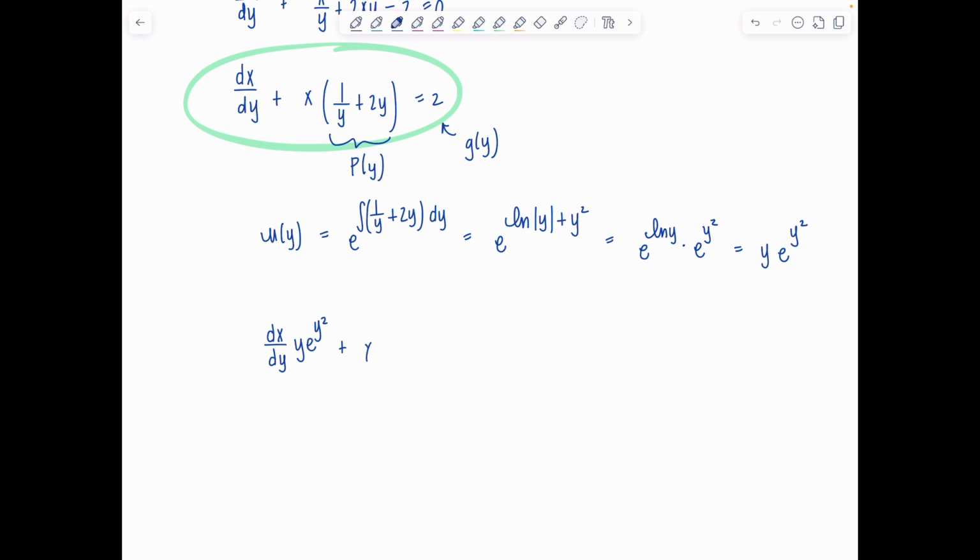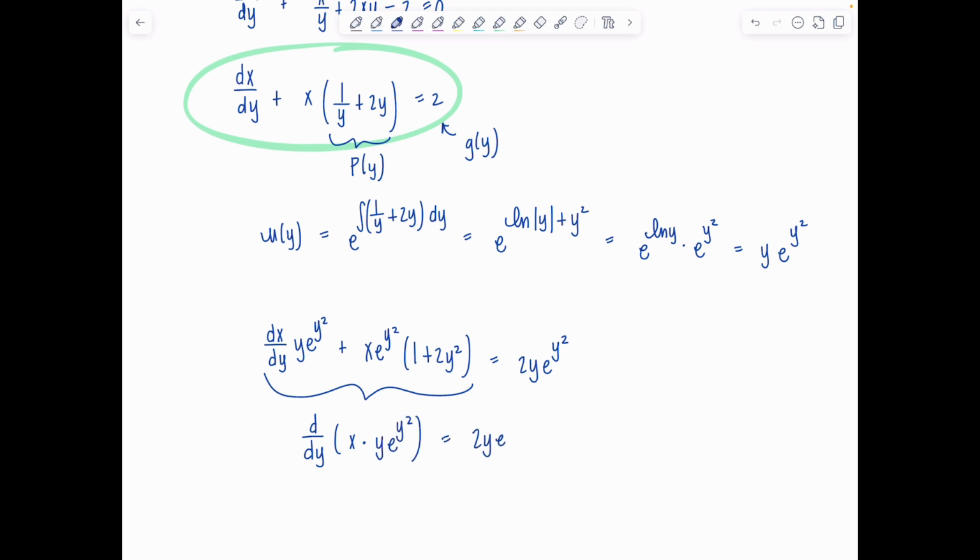Oh, good. x e to the y squared times 1 plus 2y squared. And then this equals 2y e to the y squared. Okay, beautiful. This should be the derivative with respect to y of x times my integrating factor. And you can check it indeed is. And so we can integrate both sides now with respect to y.